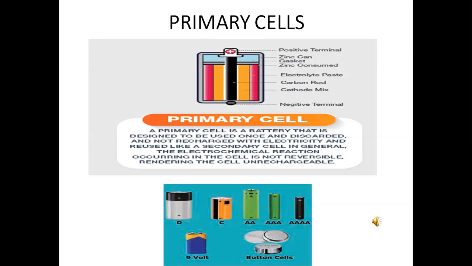The electrochemical reaction occurring in the cell is not reversible, rendering the cell unrechargeable. Examples of primary cells are cells used in clocks, watches and toys.